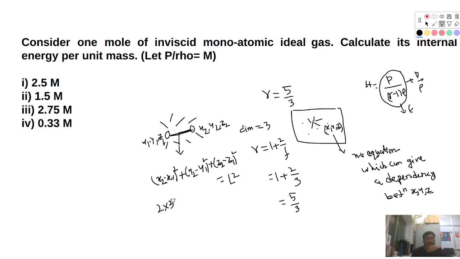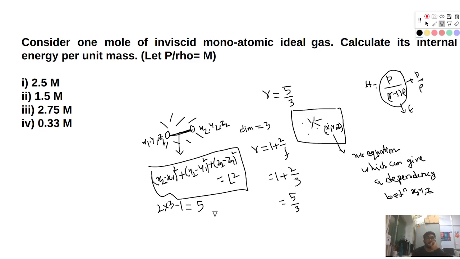But you have one constraint equation, which gives rise to a lesser number of independent coordinates. So this will give you 5.